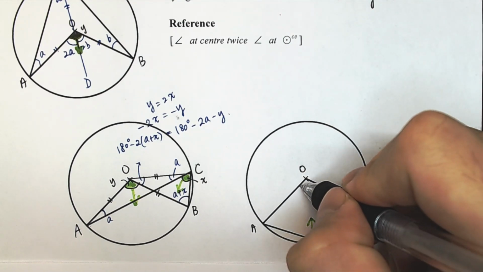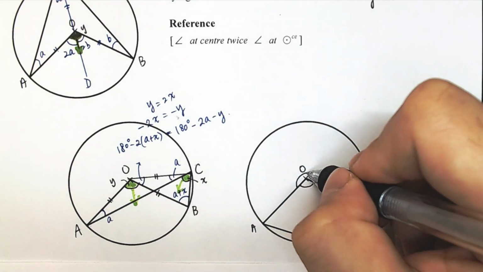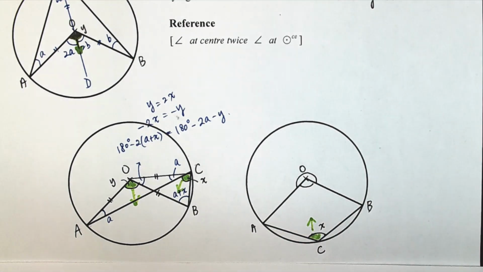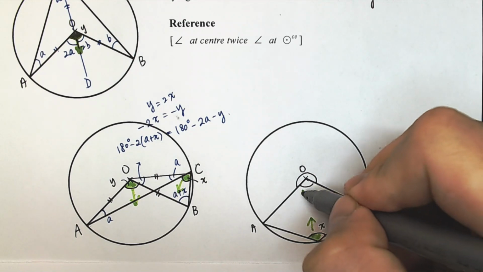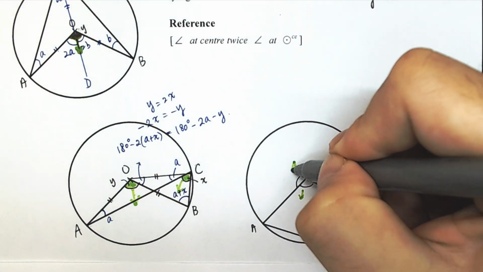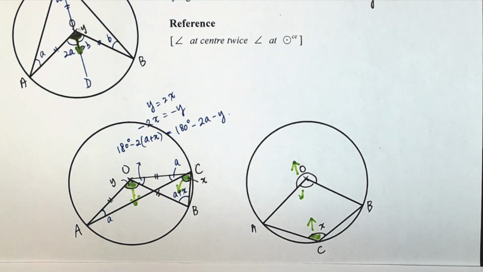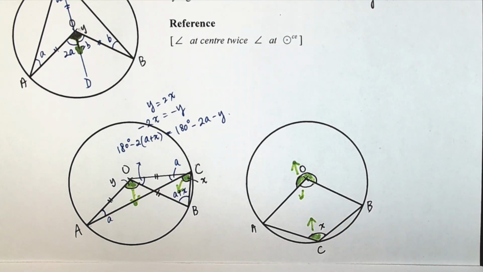One is the angle AOB here, and another one is the reflex angle AOB. Notice that this angle AOB is pointing in this direction, and the reflex angle AOB is pointing in this direction.